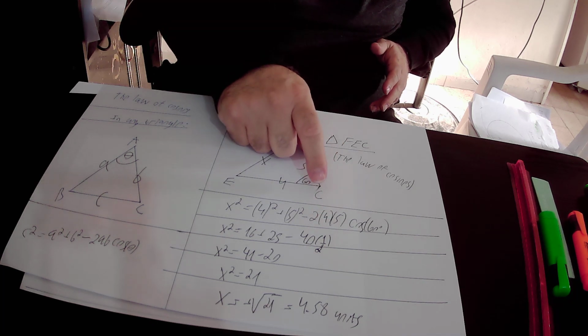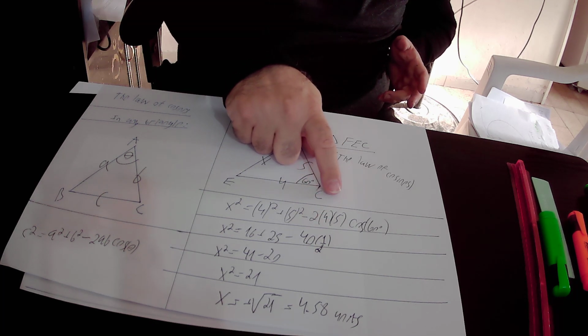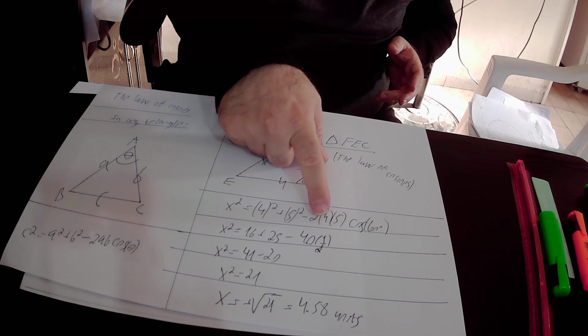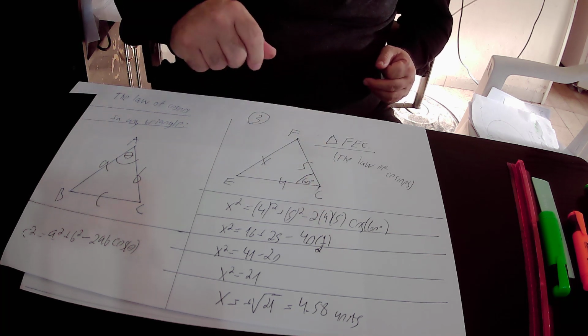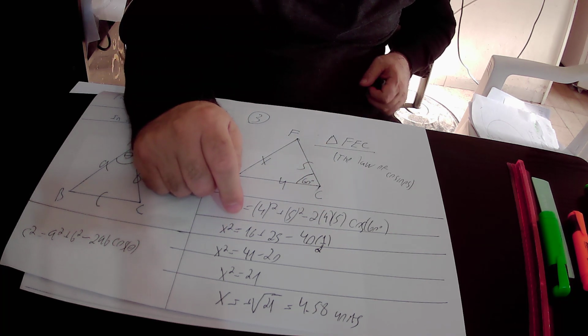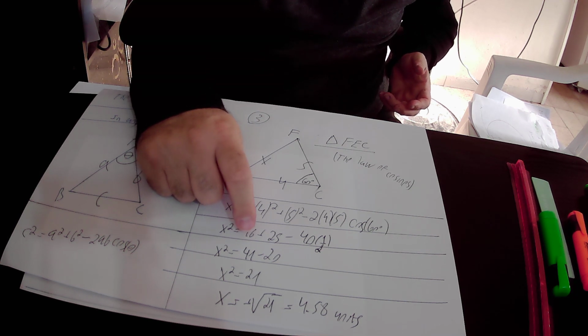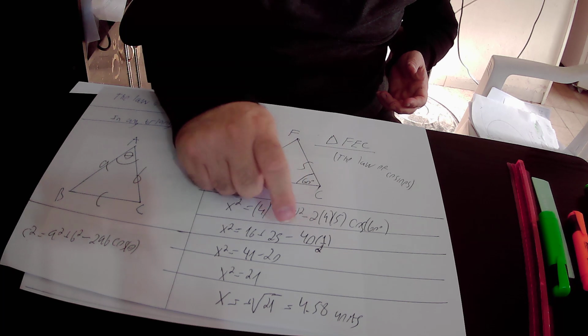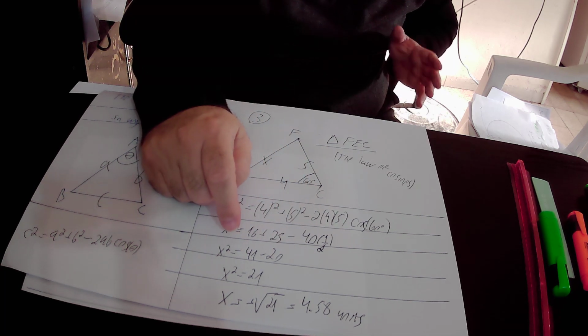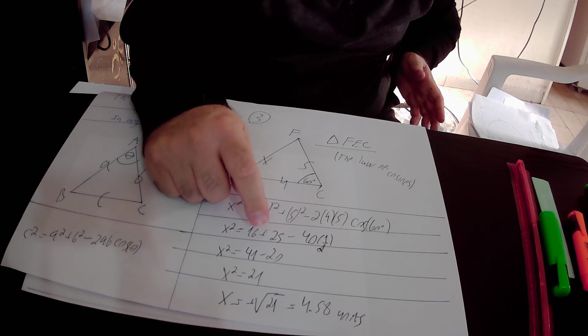So in total, this expression equals minus 40 times 1 half. So we have X squared equal to 16 plus 25 is 41, and minus 40 over 2 is minus 20. So we found that X squared equals 41 minus 20.